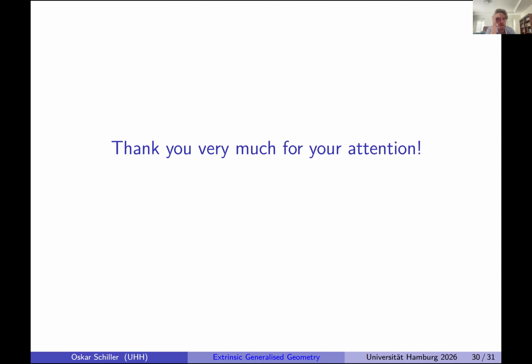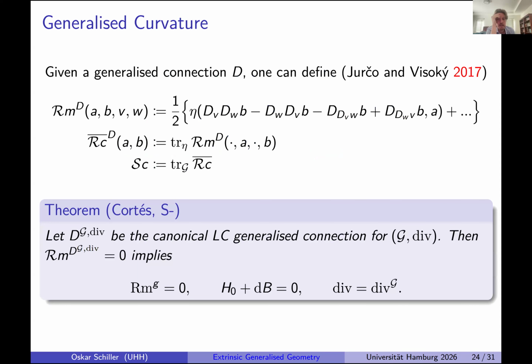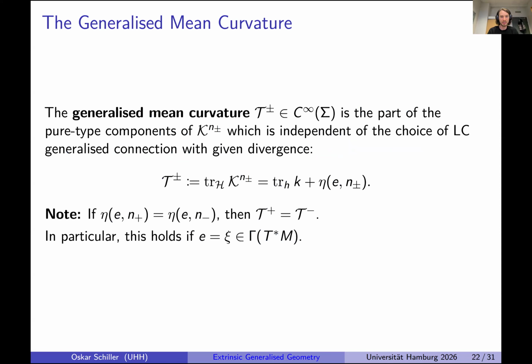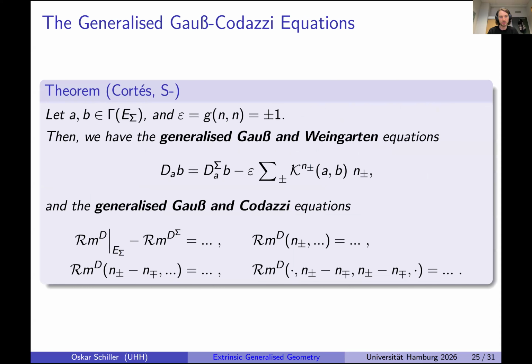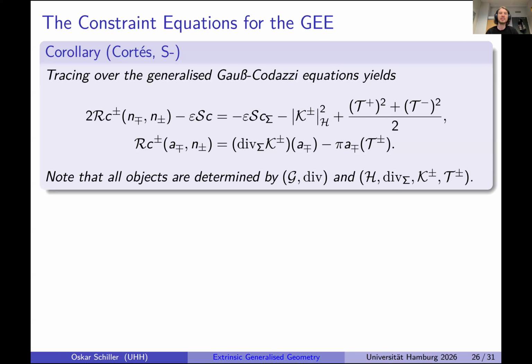Can you go back to the constraint equations that you have? Yes, of course. Should be these. So I guess it's like you're setting the left-hand side to 0. Exactly. So these are the necessary conditions for the data to be embeddable into an ambient space which satisfies the generalized Einstein equations.